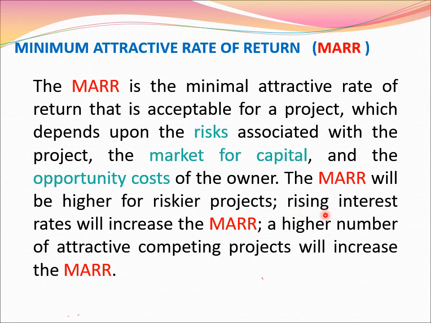Also, rising interest rates will increase the MARR. If the bank interest rates and so on are at a higher level, then your minimum attractive rate of return will also be higher. If there is a higher number of attractive competing projects, then again the MARR value will be higher.